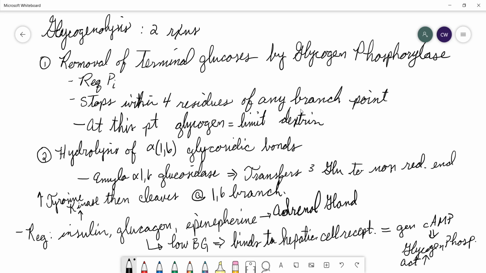There's also various allosteric regulators that include adenosine monophosphate, calcium 2 plus ions that are produced by muscle contraction, glucose 6 phosphate, adenosine triphosphate. There's a lot of different regulation pathways.